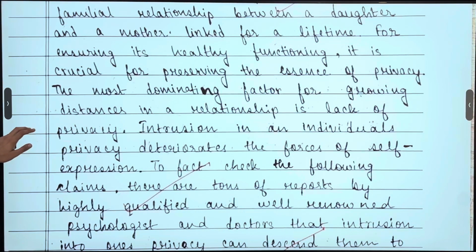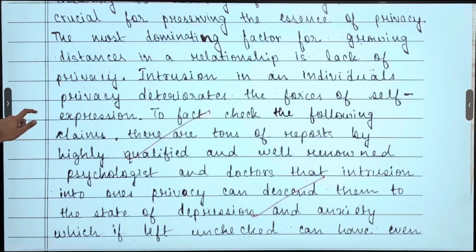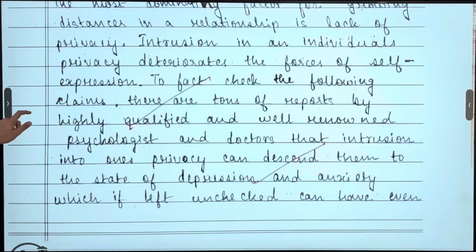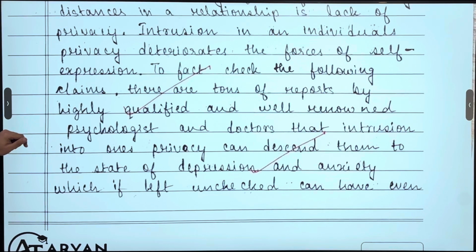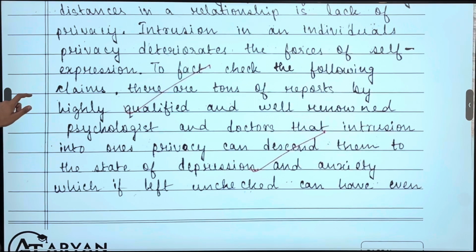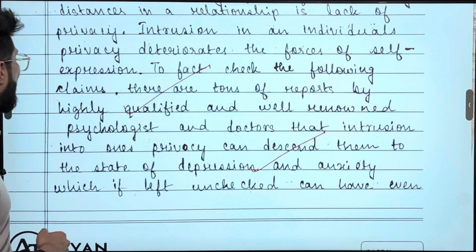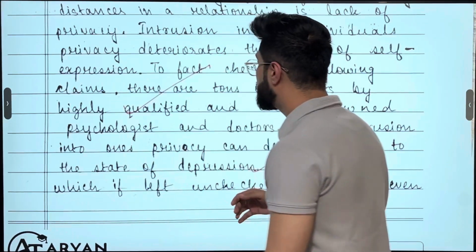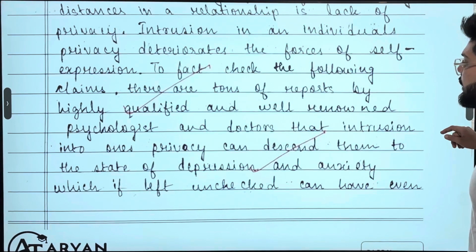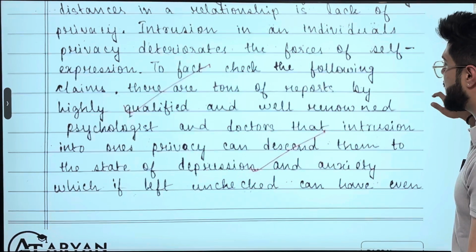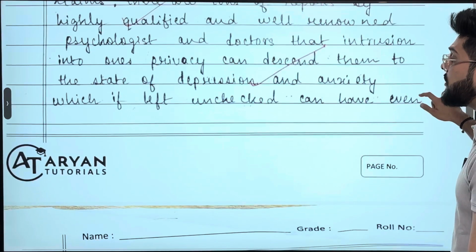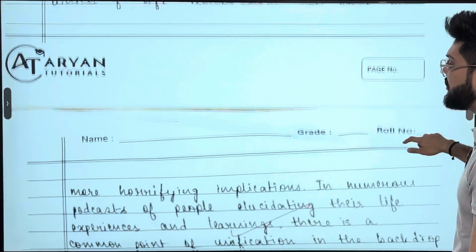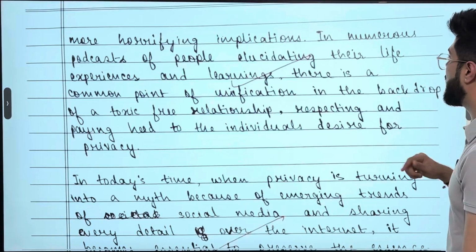The most dominating factor for growing distances in a relationship is lack of privacy. Intrusion in an individual's privacy deteriorates the forces of self-expression. To fact check the following claims, there are tons of reports by highly qualified and well-renowned psychologists and doctors that intrusion into one's privacy can descend them into the state of depression and anxiety, which if left unchecked can have even more horrifying implications.